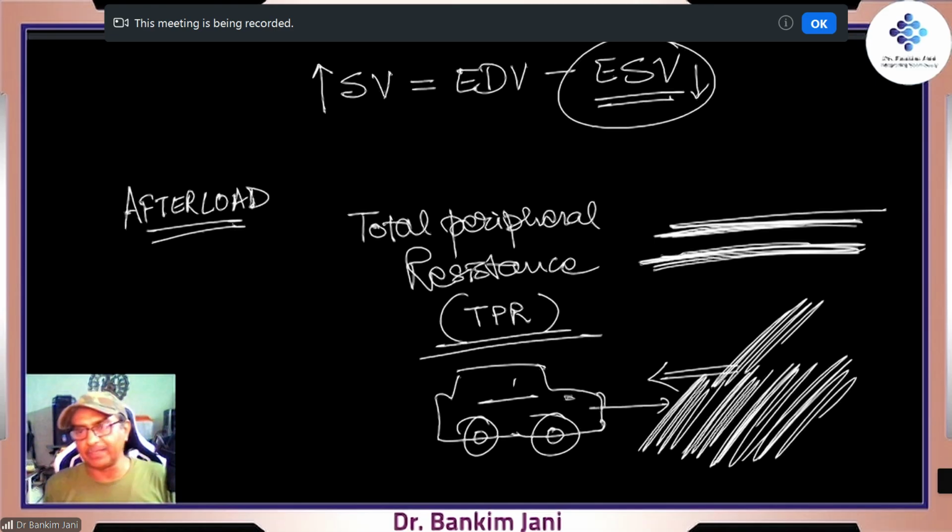And our left ventricle is doing what? Left ventricle is pushing against that resistance only, right? Whether that resistance is in the foot, the hand, the neck, wherever, resistance is there because blood has to trickle everywhere. So wherever there is resistance, the summation effect comes, and that is what is called the TPR, and this is called the afterload.